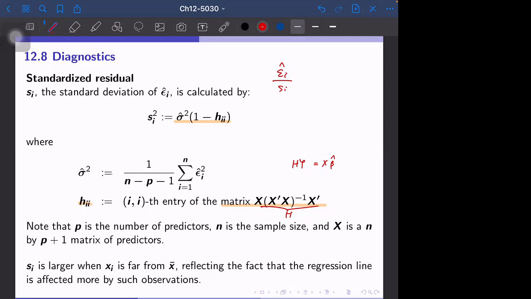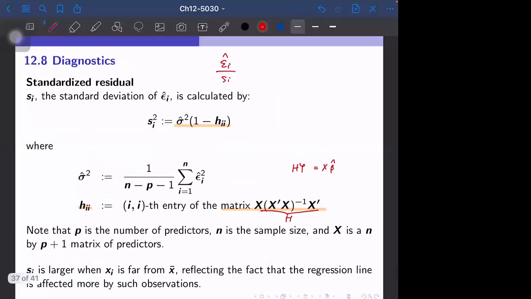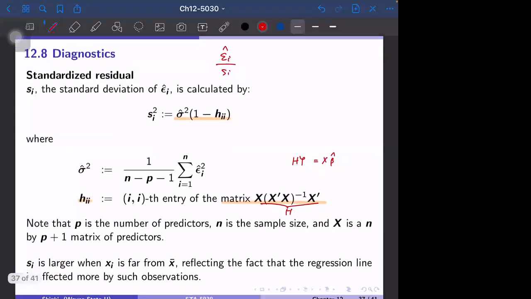So basically h_ii represents how much potential influence the observation has on Y. If we have X and Y, and the X values are far away from the center, the observation has a larger impact on the regression line.